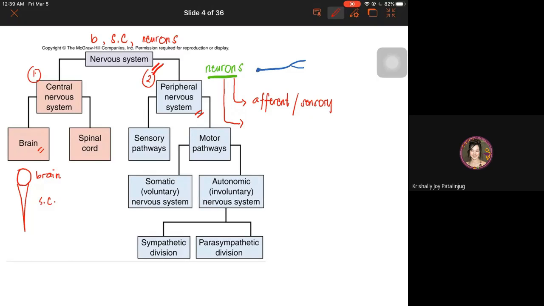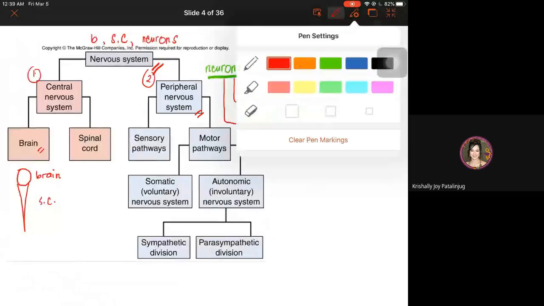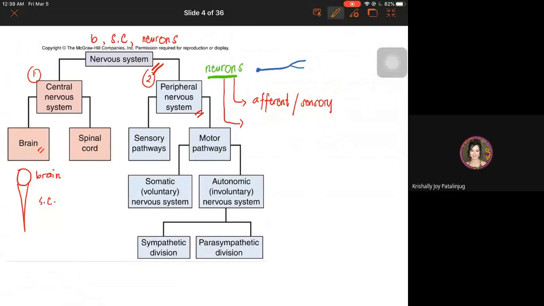Now, ano yung ibig sabihin ng afferent or sensory neurons? When we say afferent or sensory neurons, these are the neurons that enter the CNS. Take note, afferent or sensory neurons, these are the neurons that enter the CNS.